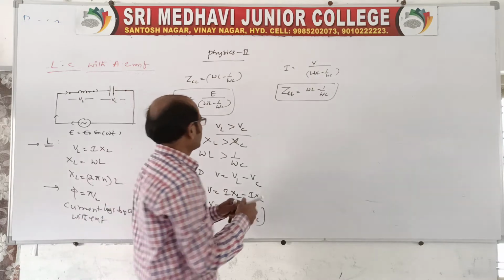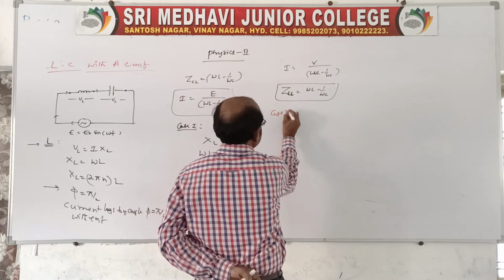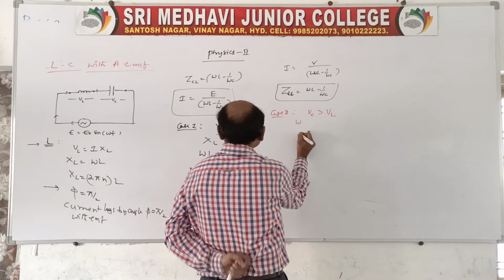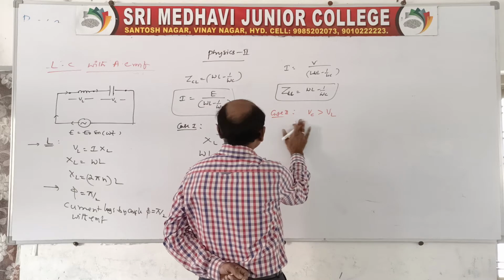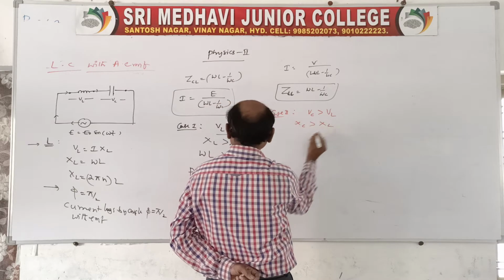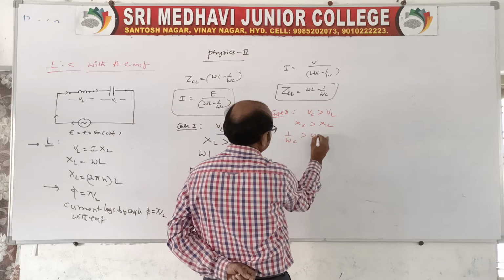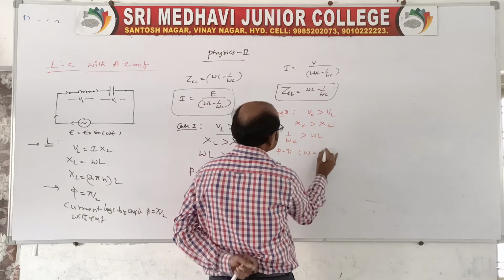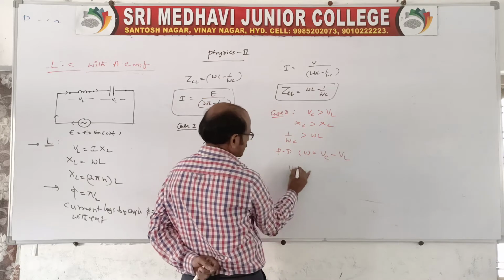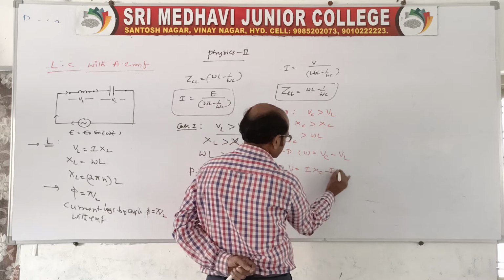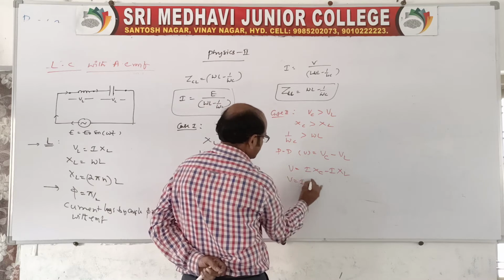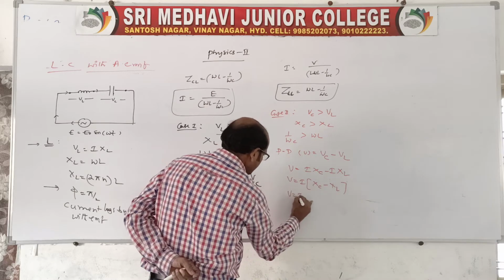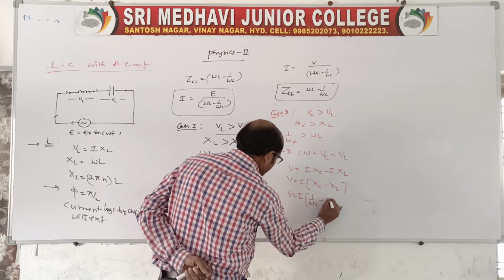Now the second case: VC is greater than VL. Otherwise you write XC is greater than XL, then 1 by ω C is greater than ω L. Again the resultant potential difference V is equal to VC minus VL. So I into XC minus I into XL, then V is equal to I into (1 by ω C minus ω L).